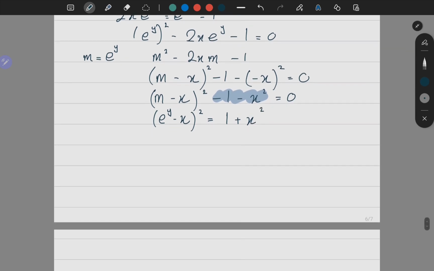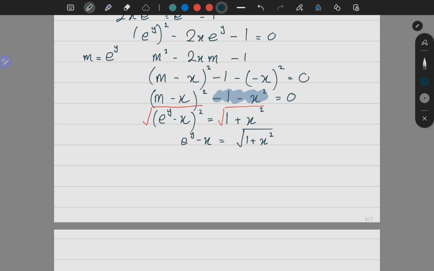Right, now I can take the square root of both sides. So that's going to be e to the y minus x equals the square root of 1 plus x squared.